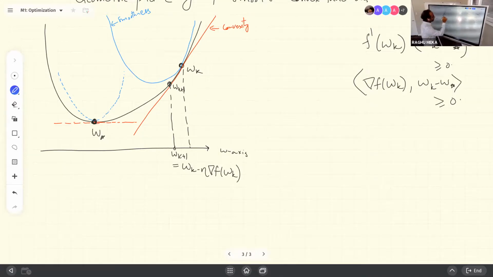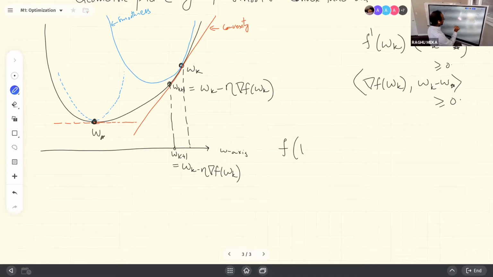So remember, Wk plus 1 was Wk minus eta times the gradient f of Wk. And let me first use the red inequality. What does the red inequality tell me?